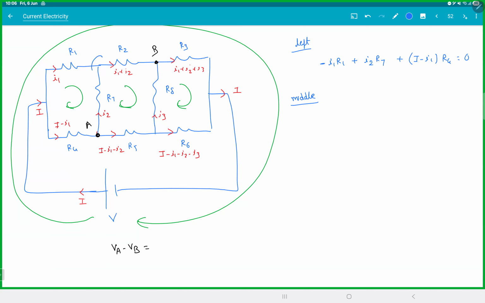The middle loop, I'll start from here. I1 plus I2 R2. I3 R8. R5, there's one more term here. I2 is also there. In this, there are 4 resistors.